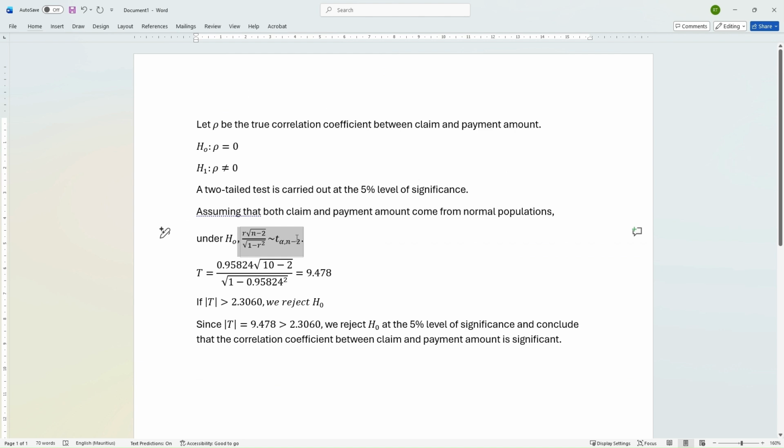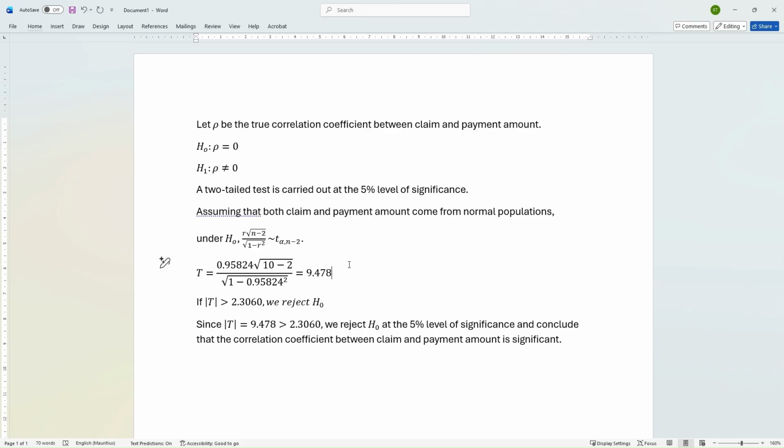And then you will see that under H naught, following the assumption, we have a t distribution for that particular test statistic. And then you compute the test statistic. Obviously, we are going to call it capital T because it follows the t distribution. And then we state our rejection region. I explained to you how to obtain this rejection region. It all depends on how your area is divided, whether it is divided into two or only one-sided.